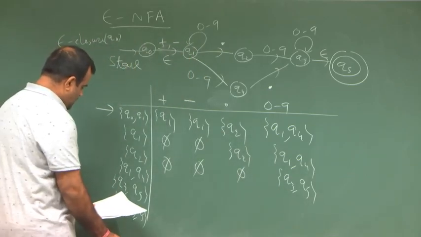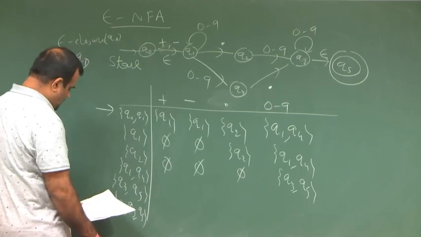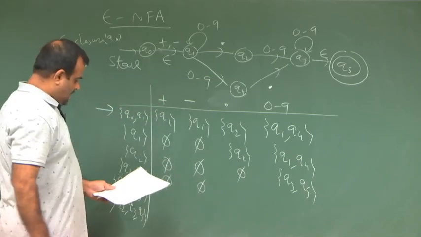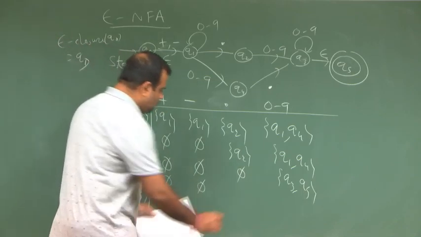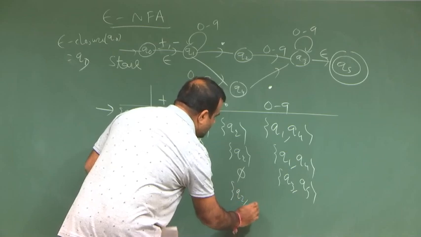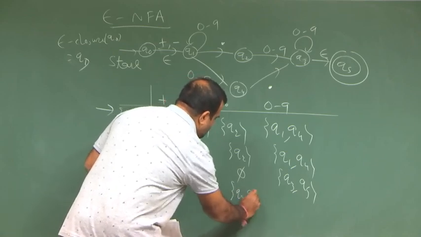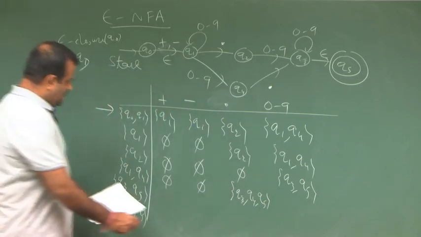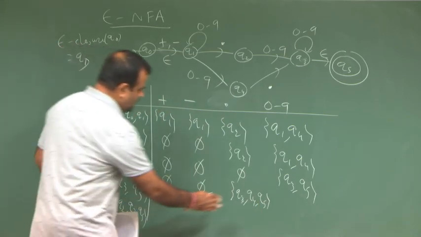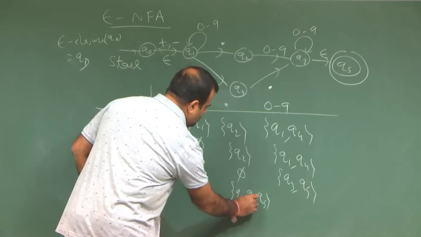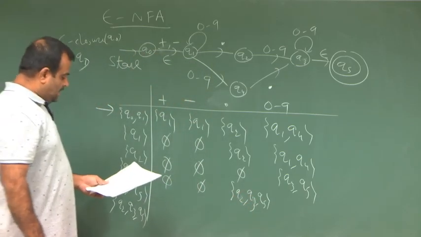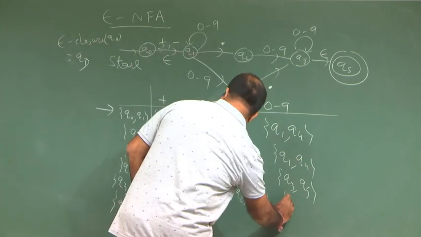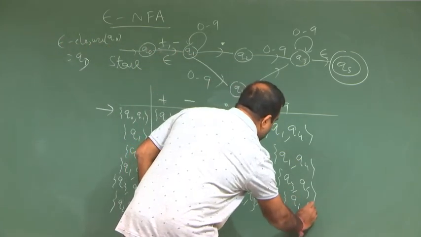Similarly, this will be empty, empty, and this will be q 2 q 3 q 5, and this will be q 1 q 4.